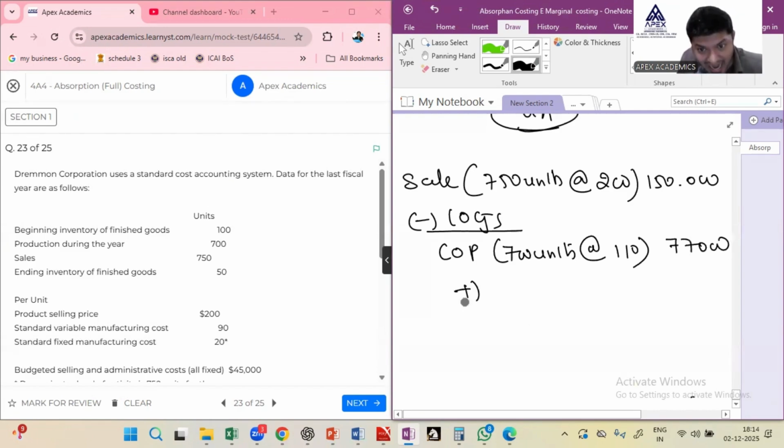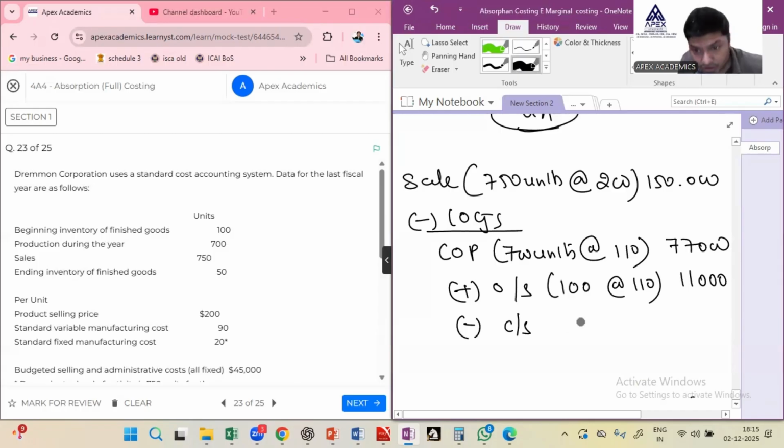To this I will add my opening stock. My opening stock is of 100 units at the rate of 110, and that becomes how much? That becomes 11,000. From this I will subtract my closing stock. My closing stock is 50 units at the rate of my cost of production of 110. Therefore I will subtract 5,500.